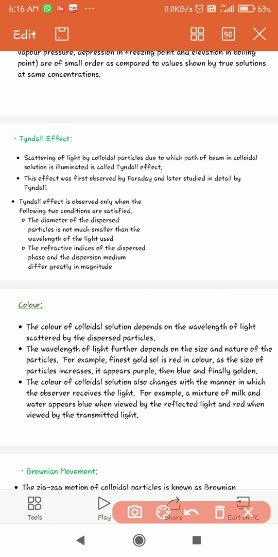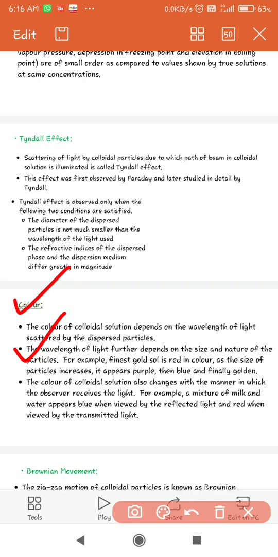Next is color. The color of the colloidal solution depends on the wavelength of the light scattered by the dispersed particles. So how the color is exhibited depends only on the scattering of light. Second, the wavelength of light further depends on the size and nature of the particles.